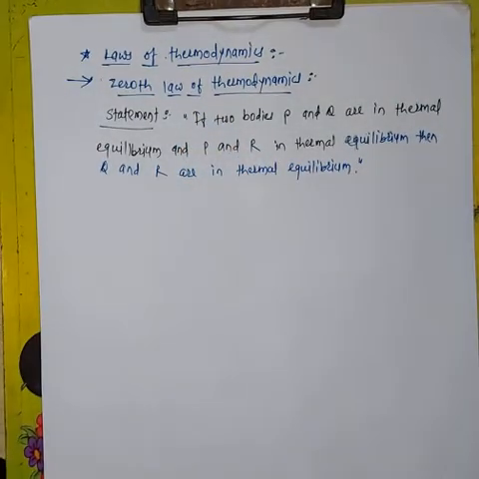So we'll understand that statement. If two bodies P and Q are in thermal equilibrium and P and R are also in thermal equilibrium, then Q and R are in thermal equilibrium.